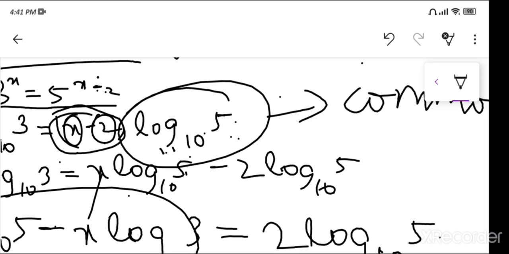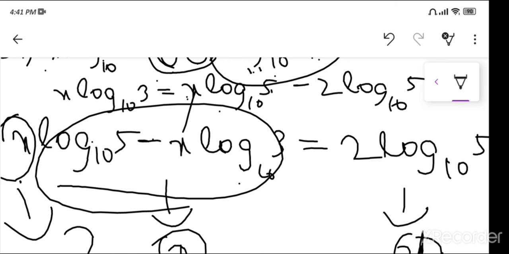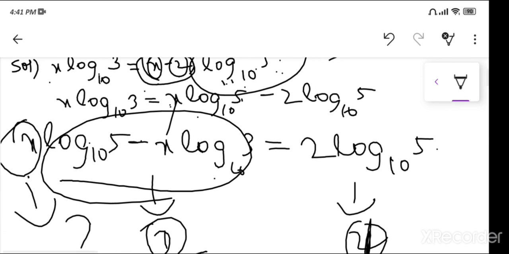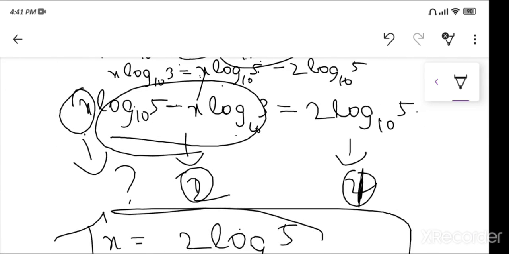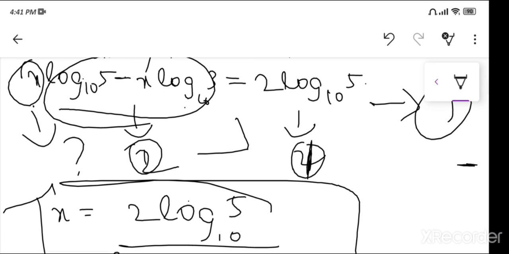After taking this common, write the x before the log 5 base 10, and the same for the minus 2 as well. After doing that, you need to bring all the x terms to one side, and then after dividing, you need to write this one first and this one second.